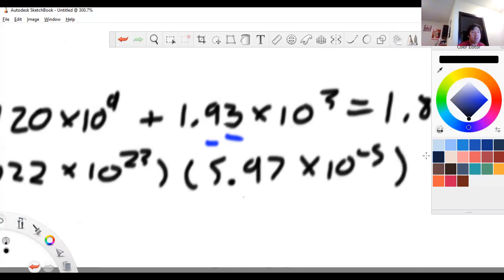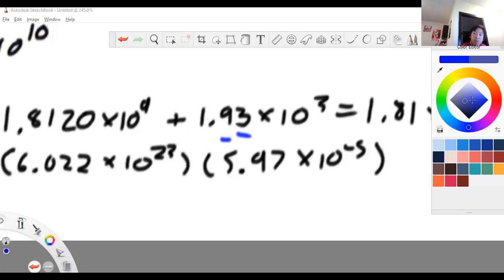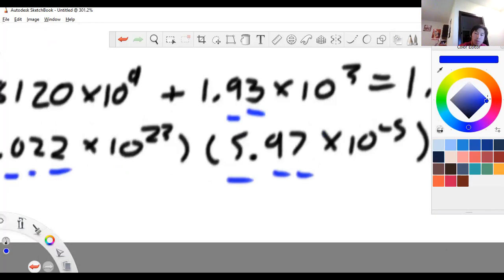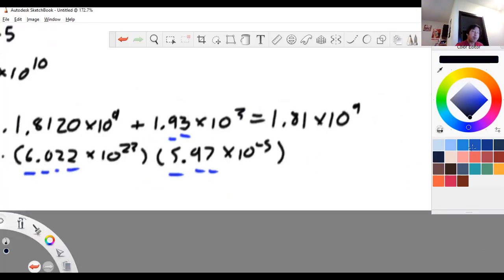Same rules with the 10s, so you can ignore them because they're ambiguous. We've got a 4 versus a 3. We're going to use the 3, and just chuck it into the calculator.